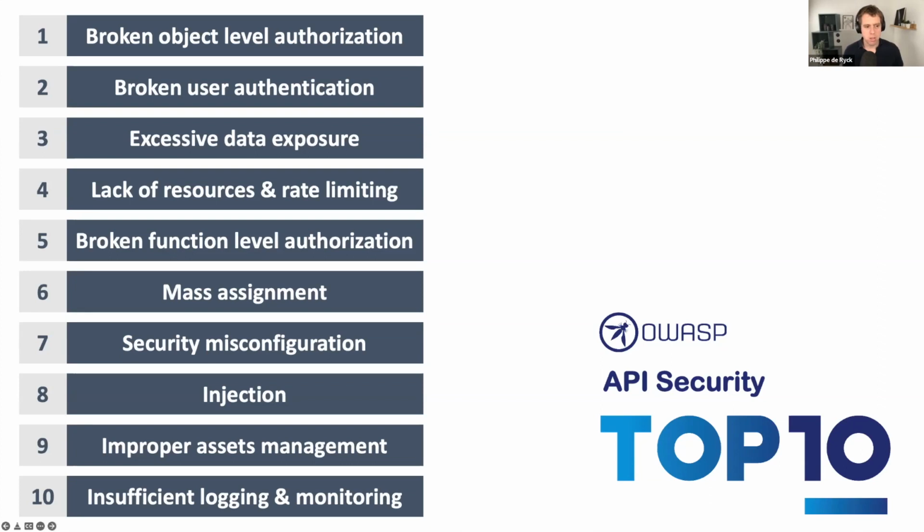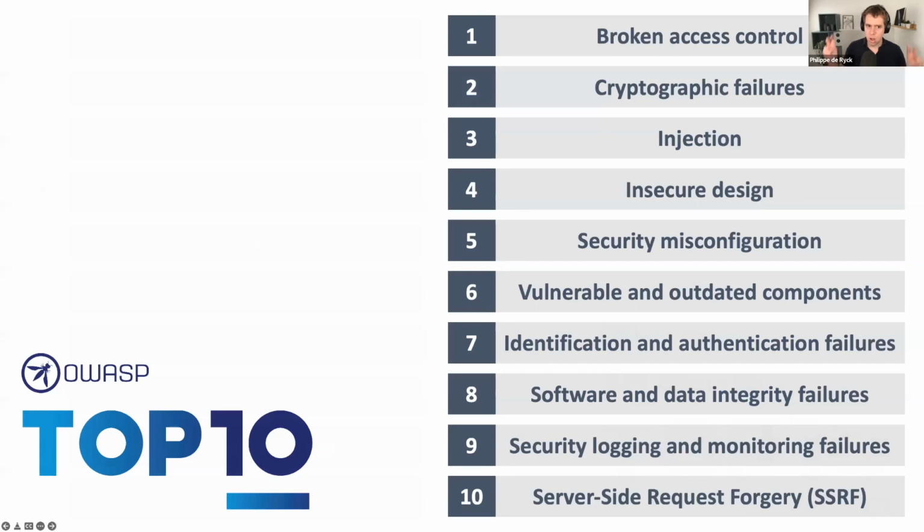It's a problem we've been having for 25 years, and it turns out we still have that problem in APIs. So my official answer is, I don't think the security landscape has changed significantly, because if you compare this to the traditional OWASP top 10, the web application OWASP top 10, not the API security specific one, you'll see that a lot of these issues come back. Authorization, injection, authentication failures are in there.